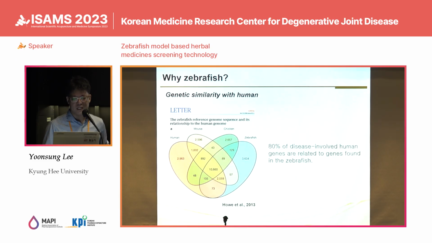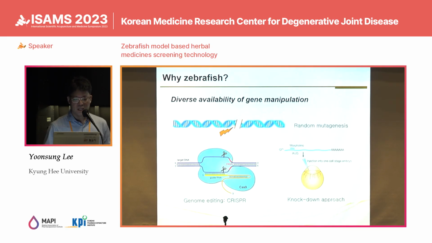And very interestingly, in zebrafish, 80% of disease-involved human genes are conserved too. That's when the whole field got excited to use zebrafish as a model system for human and biomedical research.